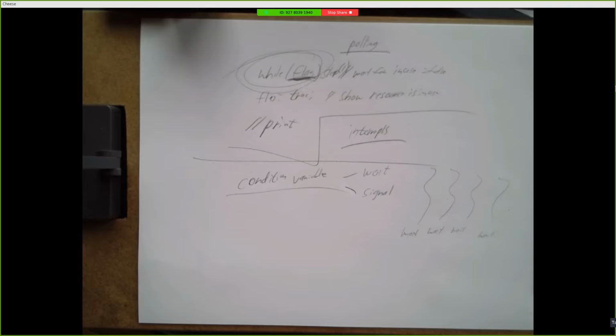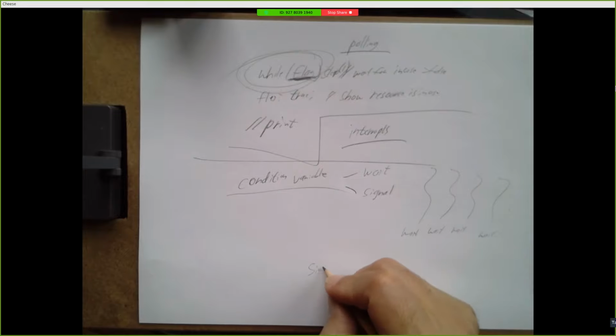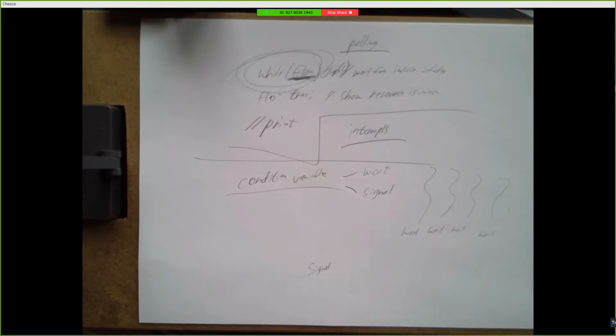And the daemon that's managing the printer, when it finishes the current print job, it would send a signal. And the operating system or the Java virtual machine or whatever is managing this at the lowest level will pick one of what could be a number of processes that are waiting for that signal and signal it. And say, hey, the thing you were waiting for just happened. Okay, but it'll only do it to one. And now this one goes ahead and it gets a lock on the semaphore, and it starts printing.